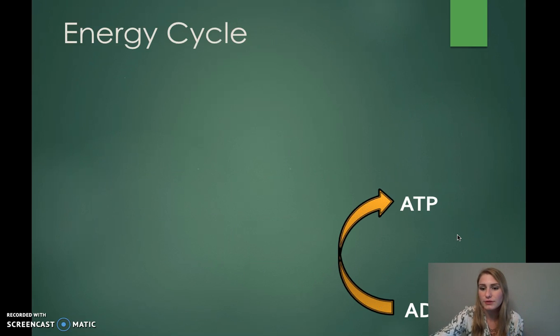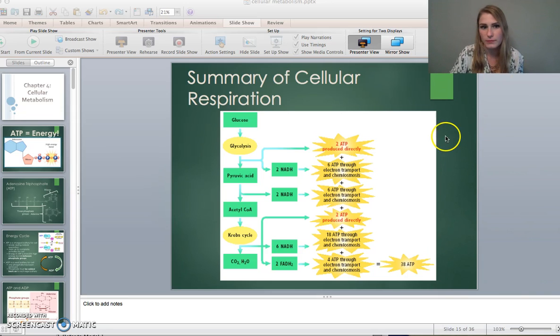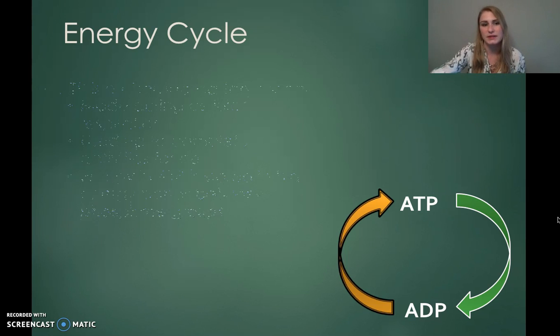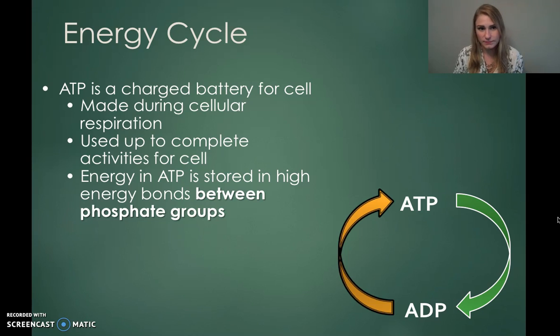So our energy cycle, we start out at ADP, and then we move on up to ATP. ADP, then to ATP. So based off of the names, ATP is adenosine triphosphate. I bet you can guess that ADP is going to be adenosine diphosphate. So ATP, it is the charged battery for the cell.